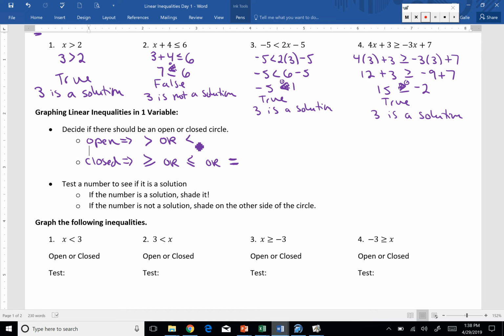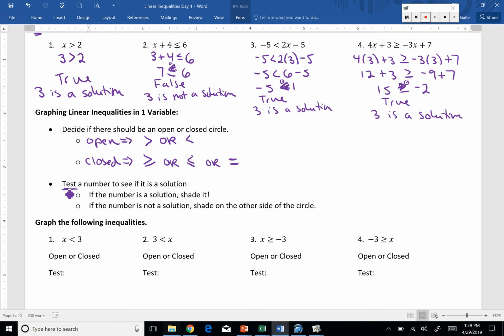All right, then the second piece of this, I really want to focus on this today, and we just refreshed on it. We want to test a number to see if it's a solution. I know back when we did inequalities, I had a lot of you that would just guess. Miss Gal, I got a 50-50 shot. I'm just going to shade left. I think it should be left. I'm just going to shade that way. Or I think it should be shaded right.